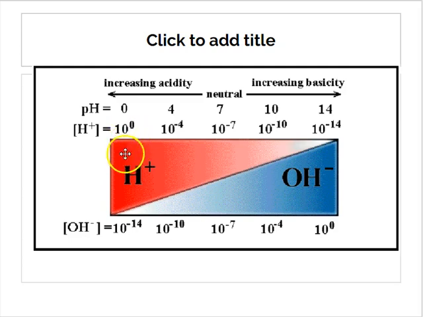More than likely, solutions aren't going to be totally saturated with hydrogen ions. There's always going to be a small amount of hydroxide ions in that solution. But the more hydrogen ions there are, the lower the pH, because it's a negative log. If you have a lot of hydroxide ions in the solution, that means you have very few hydrogen ions.